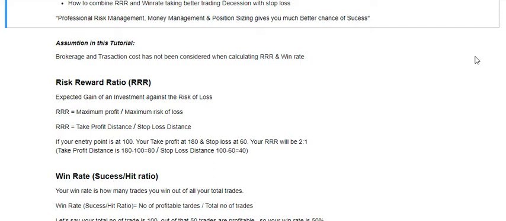So your RRR, or reward to risk ratio, is 2 to 1. It means that when you are in profit, you will get $2, and when you are in loss, you lose $1. Or in a way, your maximum profit that you can generate is $2, and the maximum loss is $1.